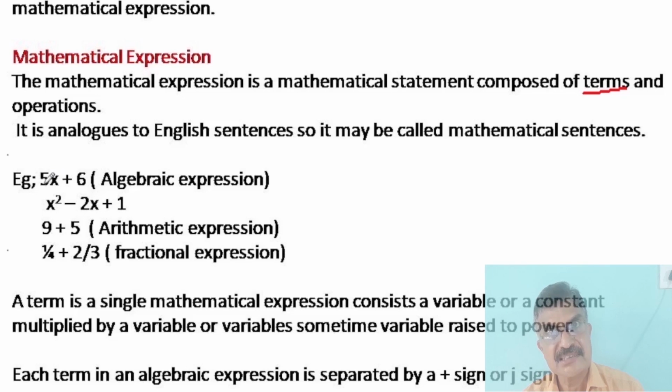Here plus 5 is a signed number multiplied by a variable x. Or variables, like minus 3xy or plus 2xy, or sometimes a variable raised to a power, x square. That means a term is either 5x or 6, a constant term, or minus 2x, a constant multiplied by a variable, or x square, etc. That is what is meant by term.